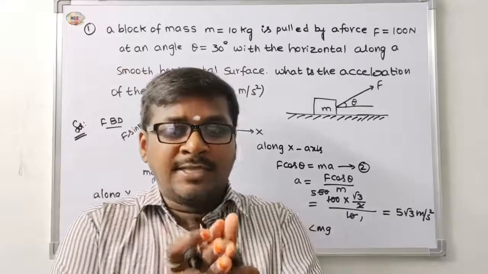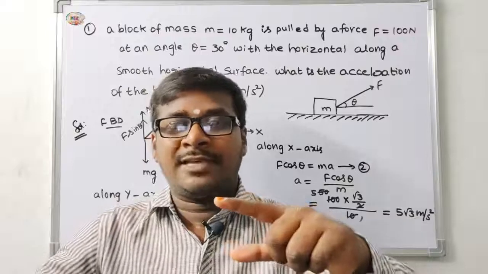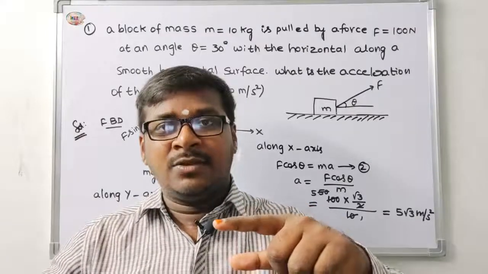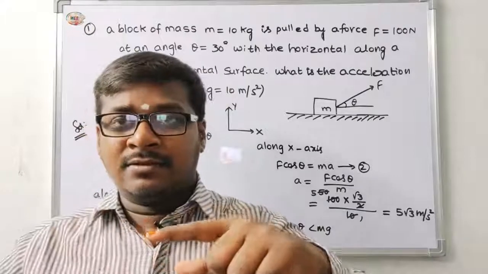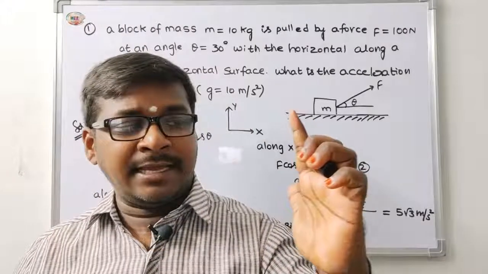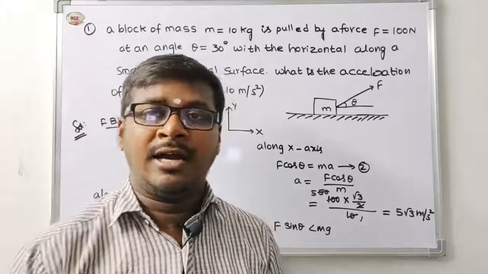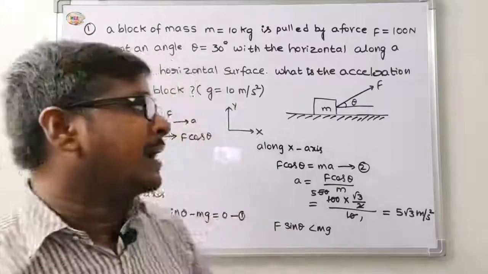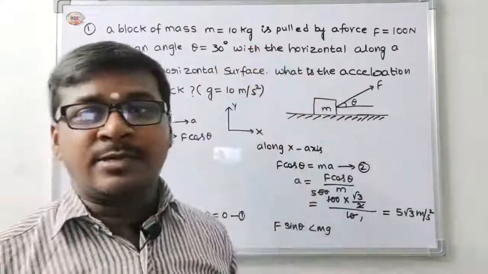The block is moving along the smooth surface, along the x-axis. Only the acceleration and force are acting along the horizontal direction, in the same direction, making angle theta. In this problem, theta is equal to 30 degrees.